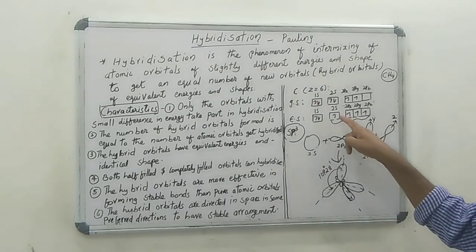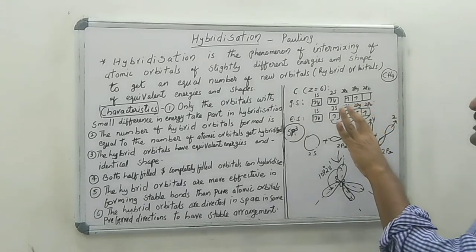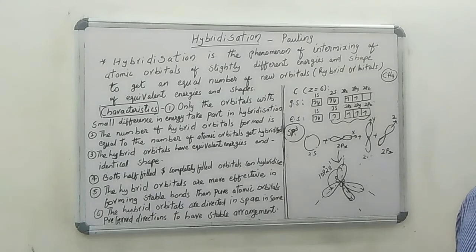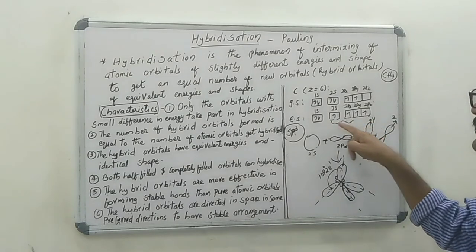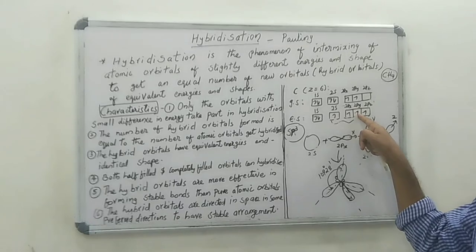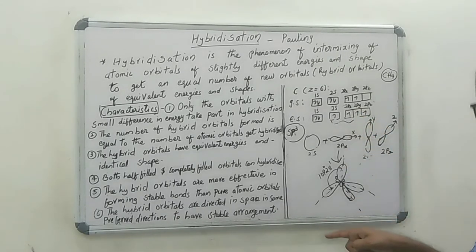That means if 4 atomic orbitals are involved in hybridization, the number of hybrid orbitals formed is equal to 4. Then if only 2 atomic orbitals, meaning 2s and 2px, are involved, the hybridization becomes sp. When 2 atomic orbitals undergo hybridization, the number of hybrid orbitals formed is equal to 2.